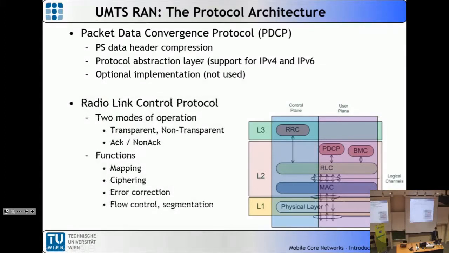The radio link control protocol can now run in 2 modes. One is a transparent mode, where we have basically a direct passing of packets, and the other one would be a non-transparent mode, where it would support retransmissions and stuff like that. Why would we offer these 2 kinds of modes?